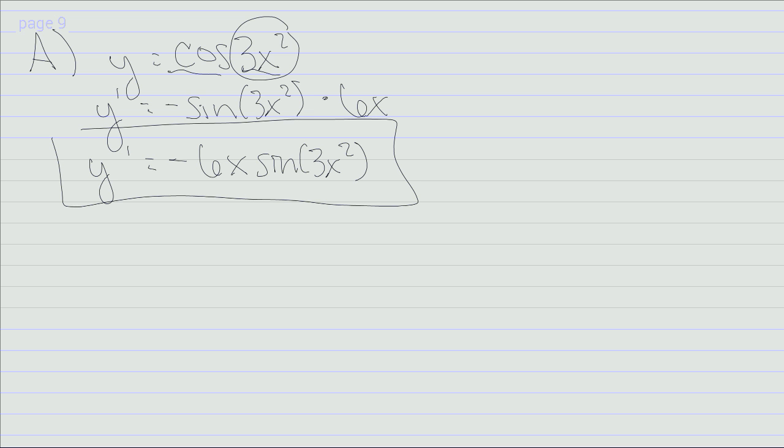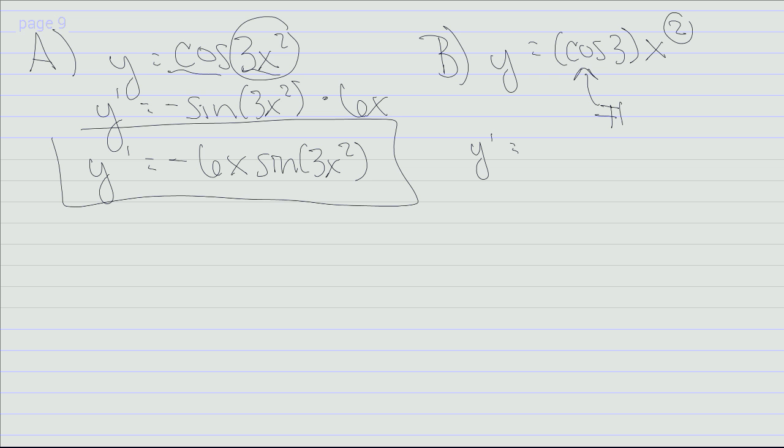B. Y equals cosine 3 times x squared. Cosine of 3 just represents some number. So that's essentially just a coefficient. So all I need to do is take my derivative. Take the 2, multiply it out front.